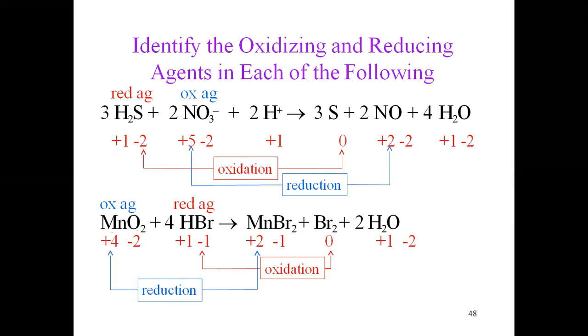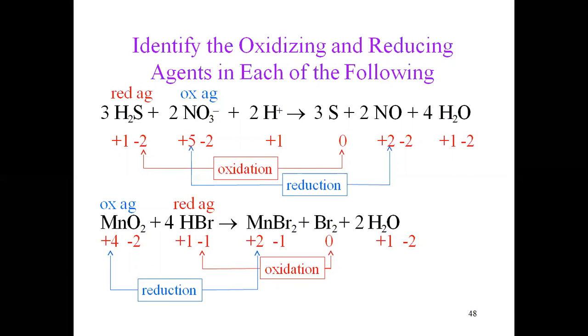First, what do we have to do? You have to assign the oxidation states and find out where the reduction is going on, where the oxidation is going on, which is the reducing agent and which is the oxidizing agent. So you can see that in H2S the oxidation states are +1 and -2. In NO3-, +5 and -2. In H+ it is 1 plus.